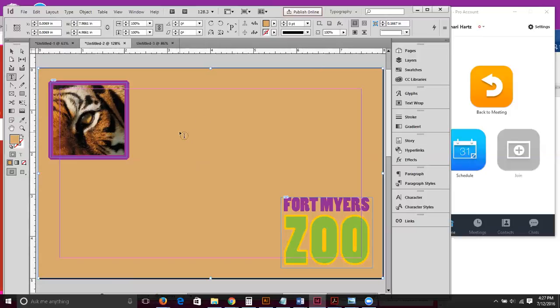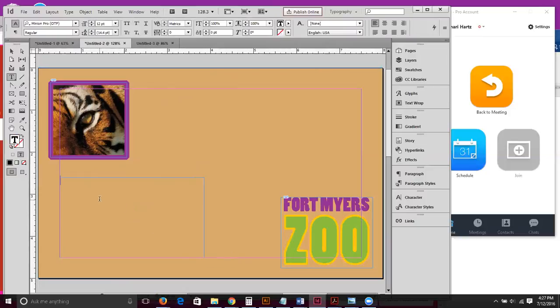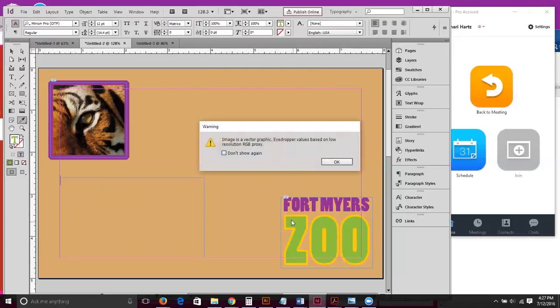Let's create a text box. And let's put it down here. I'm going to put it in my little safety zone. Maybe we'll put that text in it. And maybe for fun, we'll take that green, put it behind it.